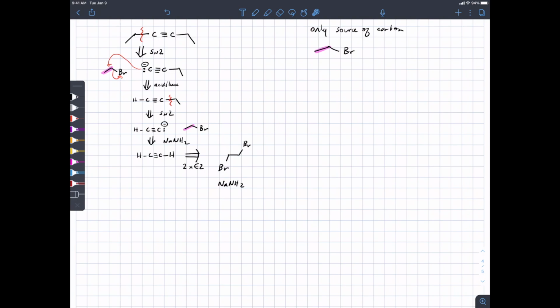Is it more appropriate to just sum up all the steps like this, or do you want us to write all the steps like we did in the previous example? Good question. In a synthesis problem on paper, what we're doing here is sketching out the pathway, and then we would write it in the forward direction. We wouldn't need to draw the mechanism of each step, unless you wanted to.